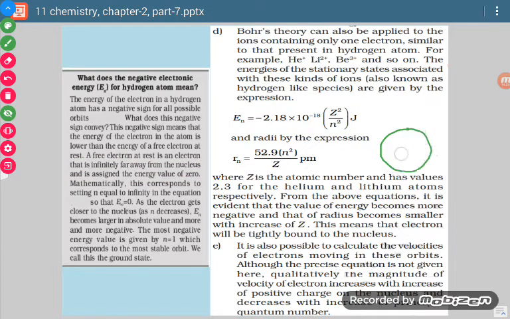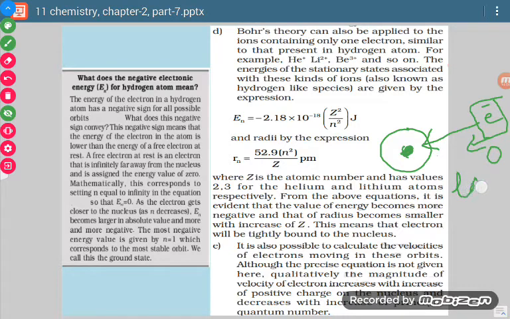This is the atom, this is the nucleus, and now the electron is here. It has come out of the atom. When it has come out of the atom and there is no attractive force on it, then its energy is taken as 0. Now when it starts coming towards this side, it is under the attraction of the nucleus. At that time it loses energy.